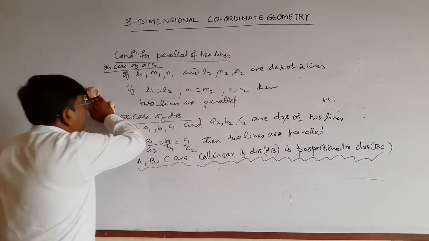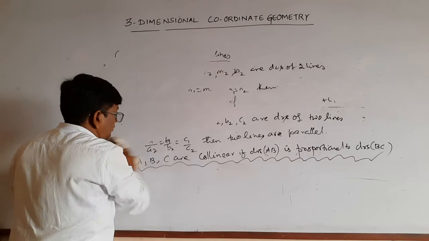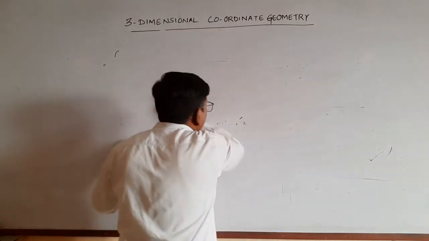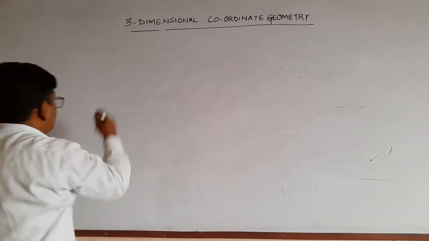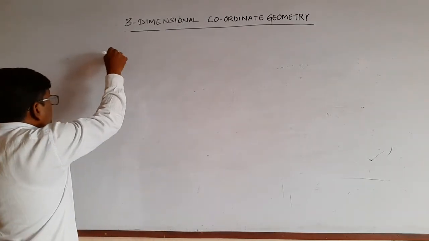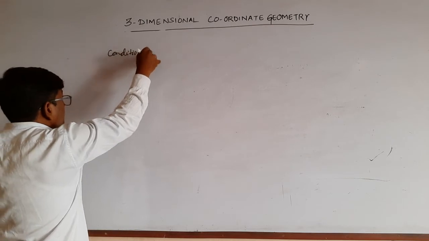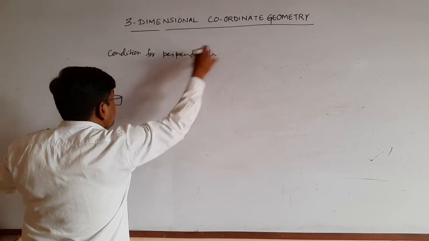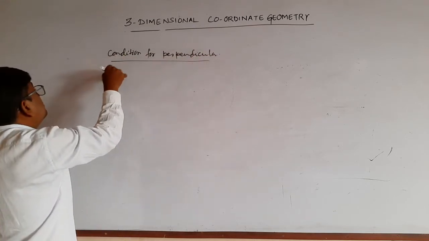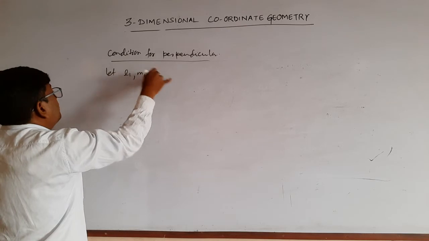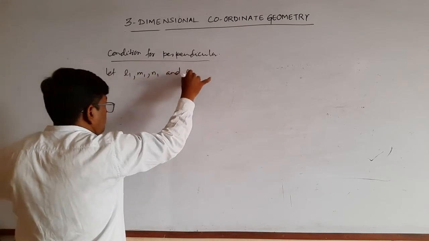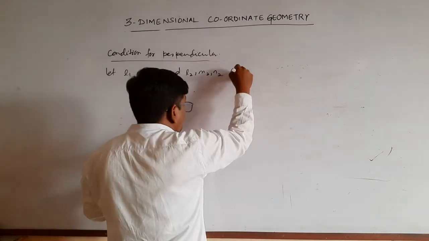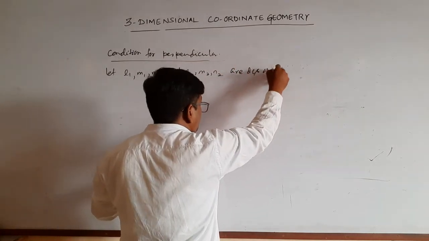Condition for perpendicular. Let L1 M1 N1 and L2 M2 N2 be the DCs of two lines.